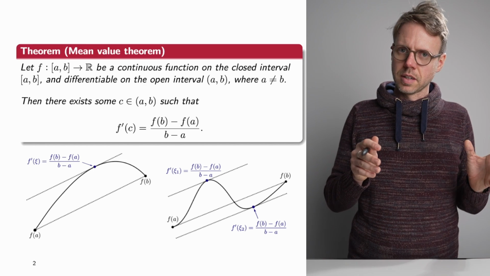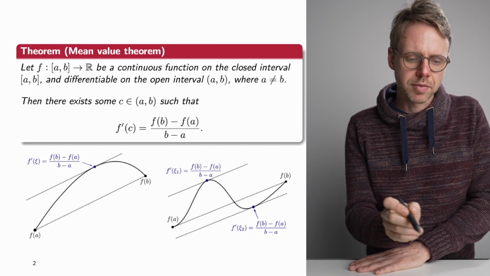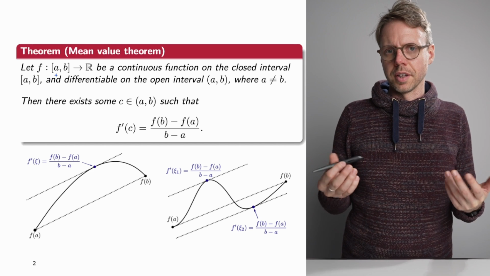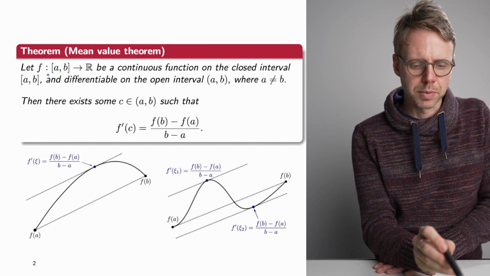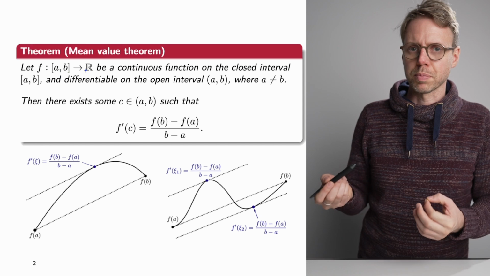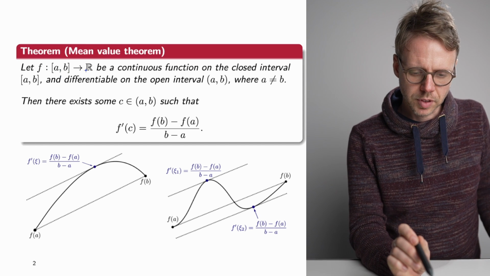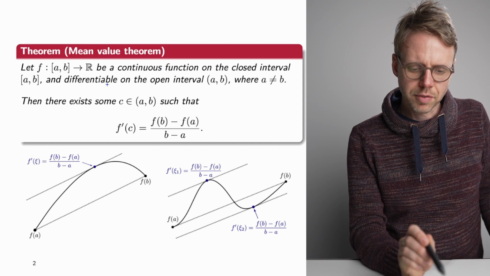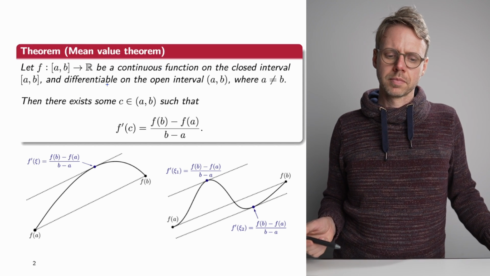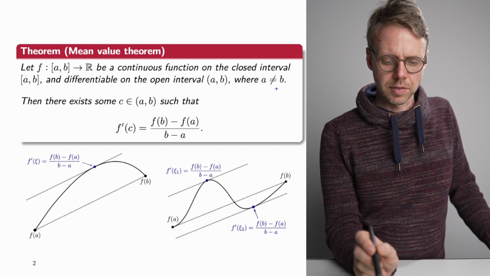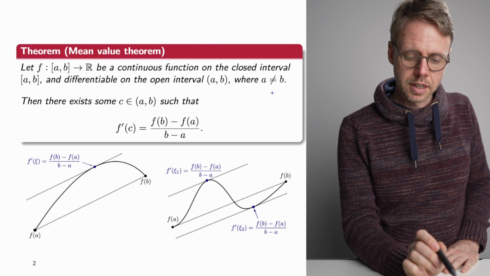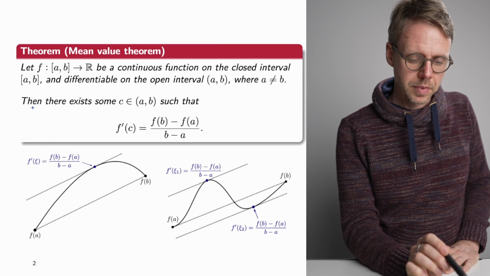So this univariate mean value theorem says the following. We have a function that is defined on an interval between a and b and outputs a real number. This function needs to be continuous and differentiable on this interval, where of course the outer two points a and b are not the same.